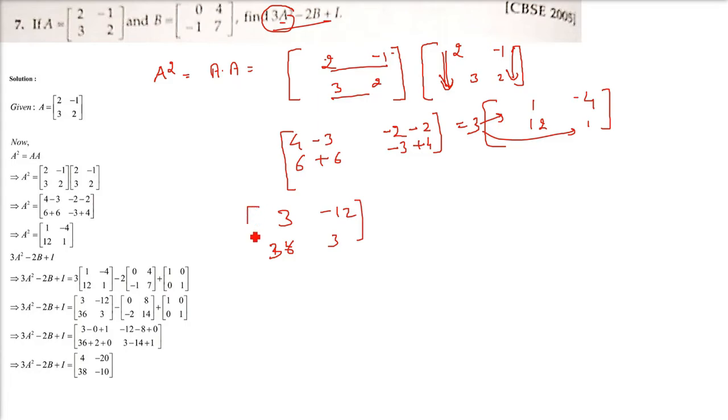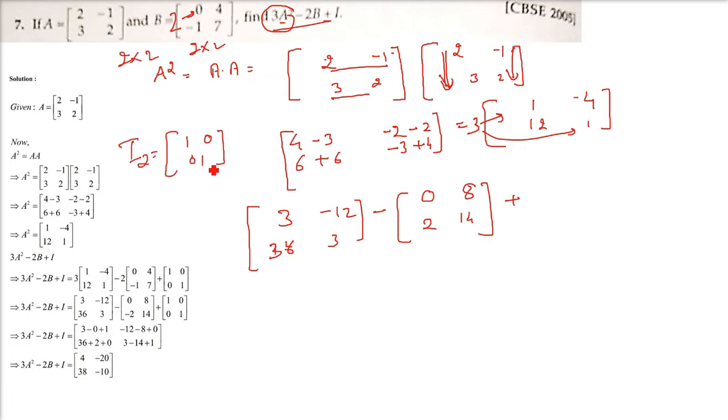Then the minus 2B: multiply this matrix with 2, each and every element with 2: 0, 4, negative 2, and 14. This is a 2 by 2 matrix, this is also a 2 by 2 matrix. So what is I2? The diagonal has to be 1, others have to be 0. So this is the final thing.